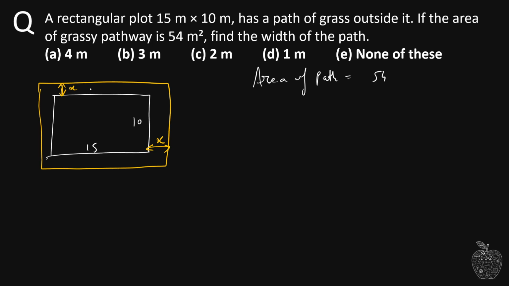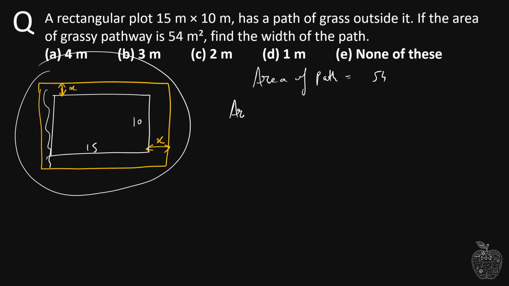In order to get this, we'll take the area of both the things, the area of plot as well as the pathway, and subtract the area of the plot from that, and we'll get the area of pathway, and area of pathway is already given to us as 54.